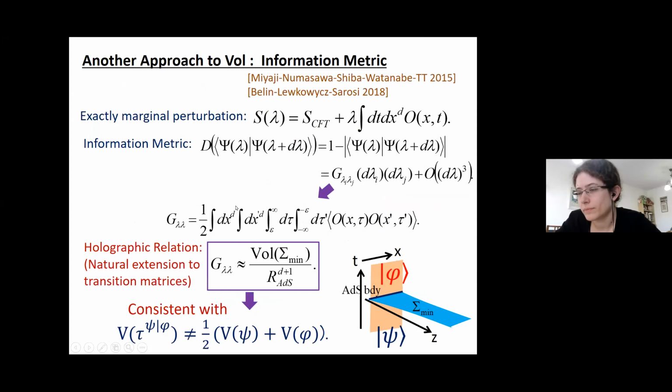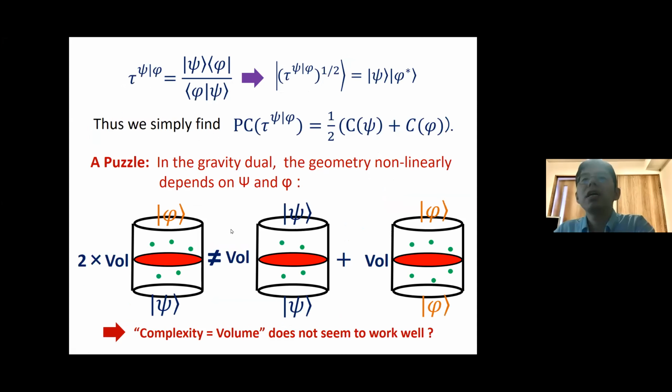Okay. So here, this is an observation that if we assume pseudo complexity is also volume, then we start with two different states, right? Here we have two states, bar phi and psi, and these two give us a non-trivial different boundary condition at infinity.